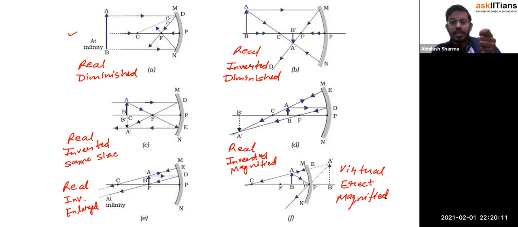And then suddenly you are going to pass the focus. The moment you pass the focus of that spoon, you directly jump to case number F. In that case, suddenly you will see yourself the same as the orientation of yours, a perfect erect image.